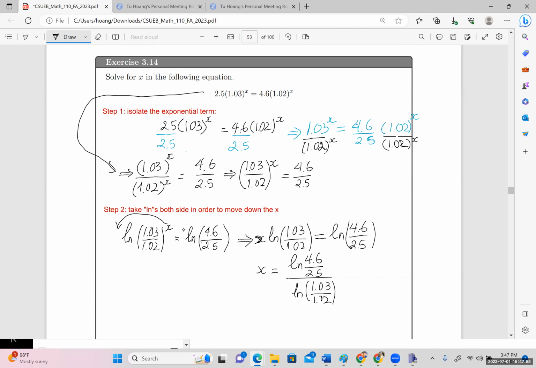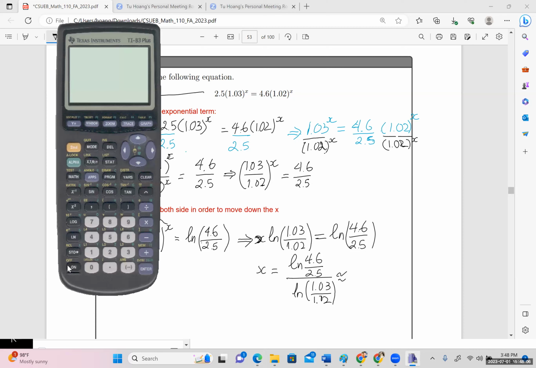And at this point, you can use the calculators to calculate that. So ln of 4.6 divided by 2.5, and then divided by ln of 1.03 divided by 1.02. So that's, and you have 62.5.